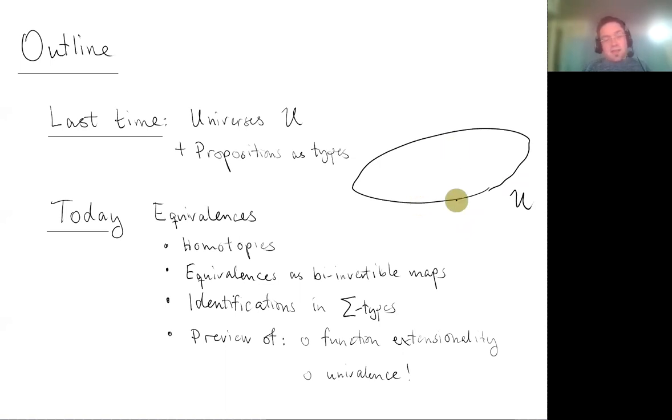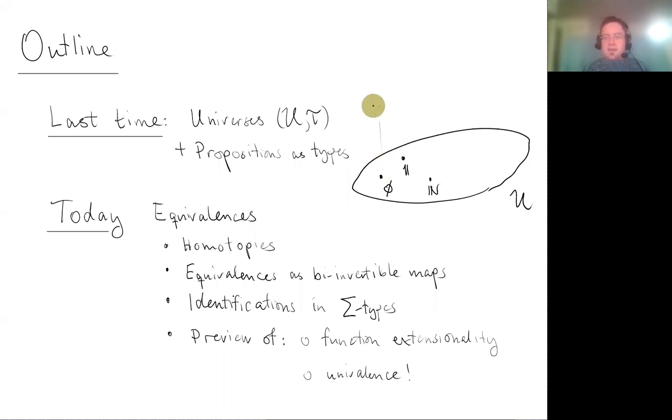It's not all the types, but at least maybe all the types we could build without universes, and maybe some smaller universes and things we could build with them as well.